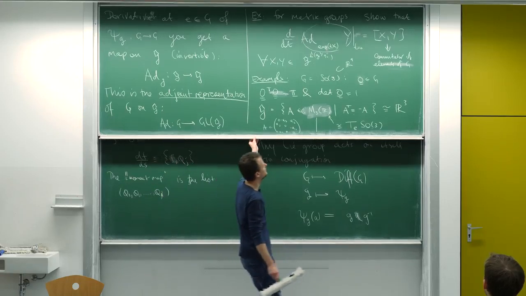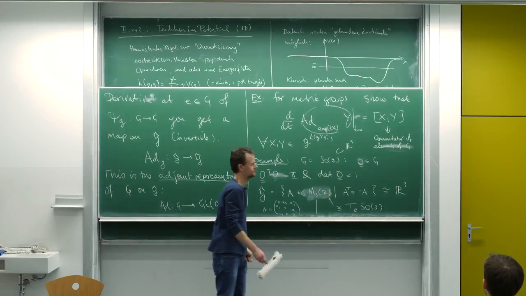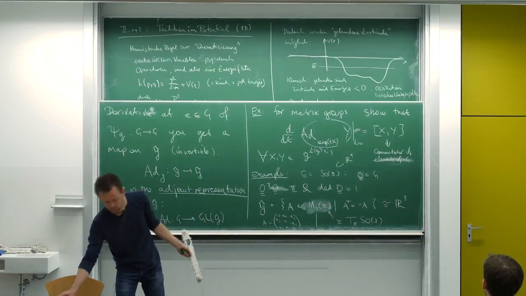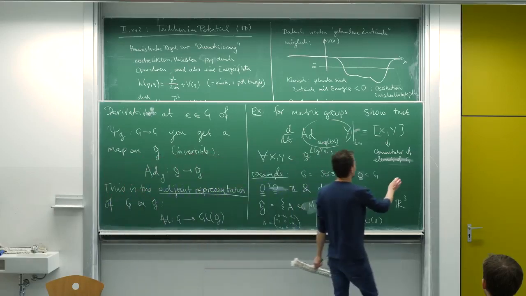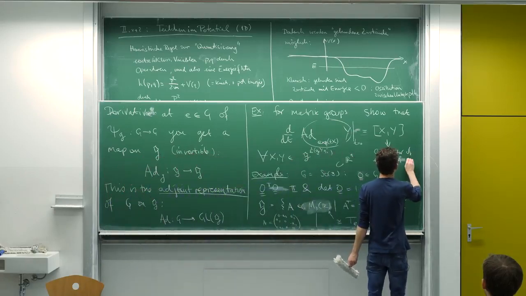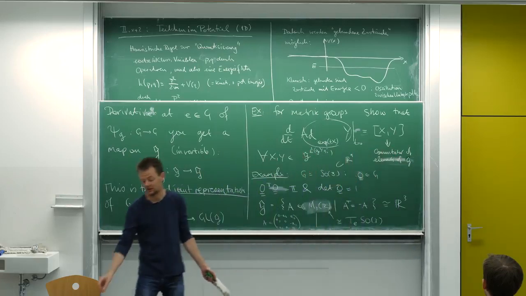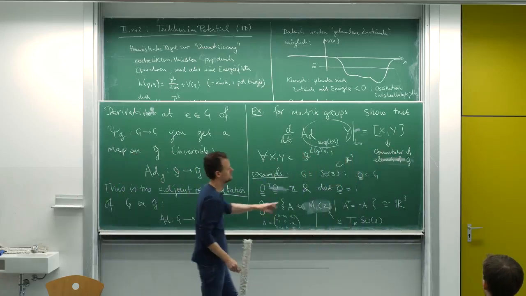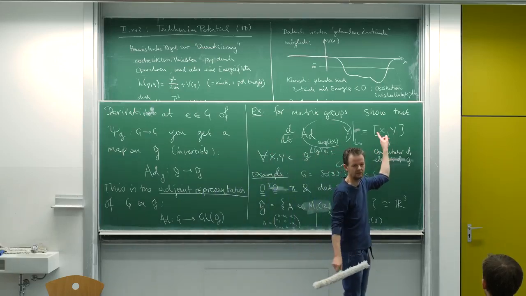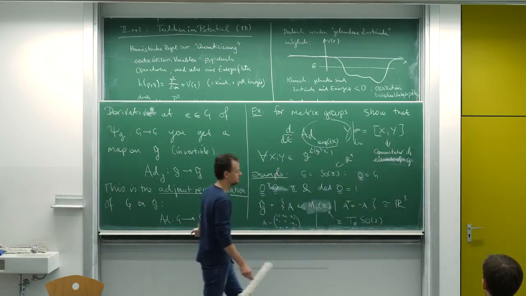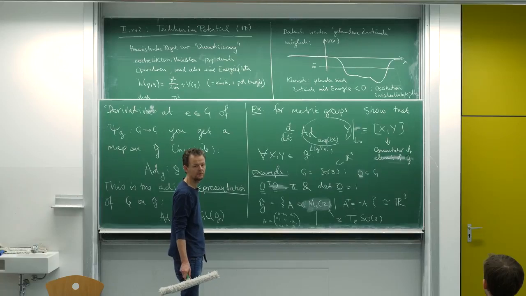Sorry, commutator elements of the Lie algebra. And so you can take a representation, and then these will be the standard matrix commutator. I think this also holds if we have some abstract Lie group and not a matrix group. Right, yeah.